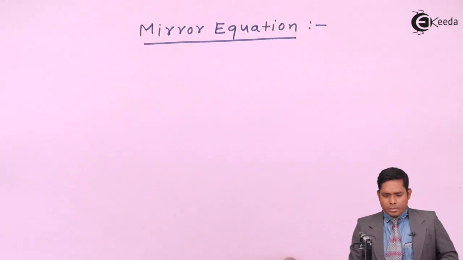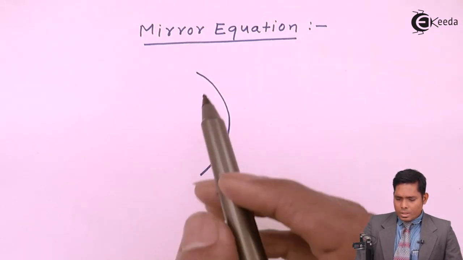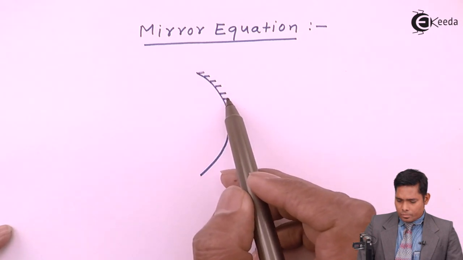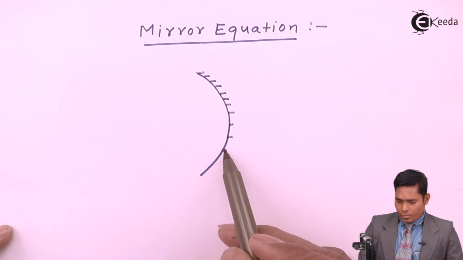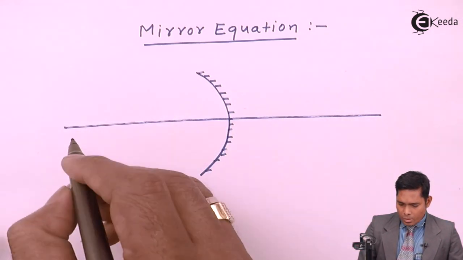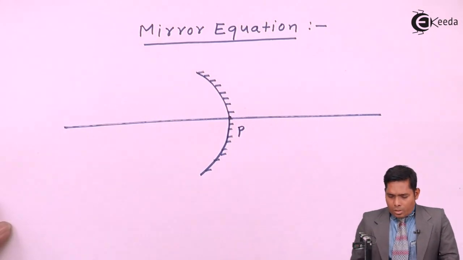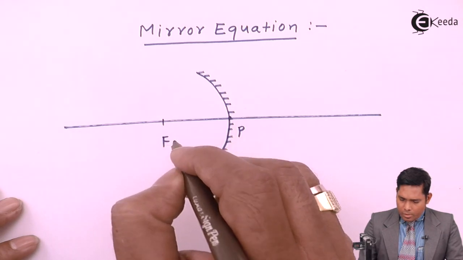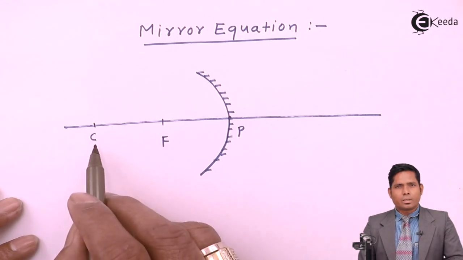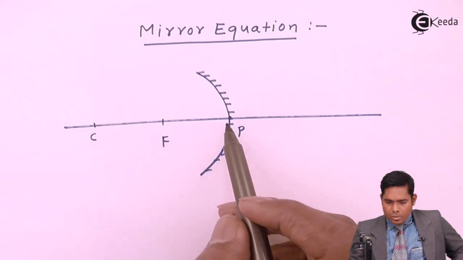So let us first consider a concave mirror. This is a concave mirror, so this side is silvered, and this is the principal axis, and this is the pole of the mirror. Now this is the focus, and the equal distance over here is point C, the center of curvature of the mirror, and this distance CP is called the radius of curvature.